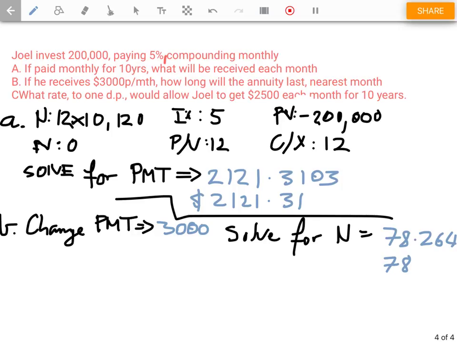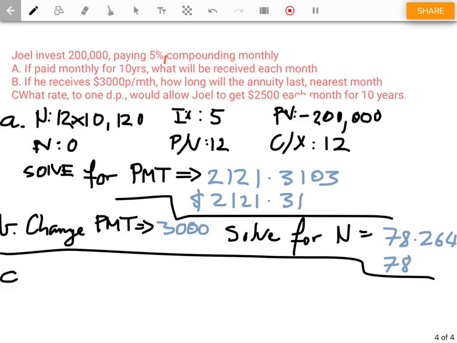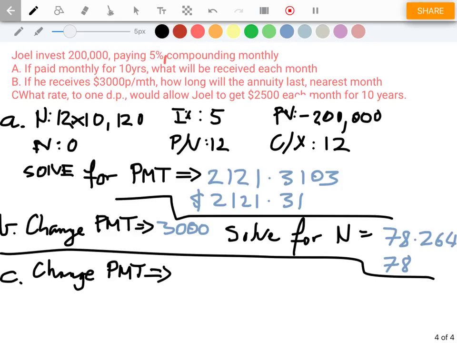All right. Part C, what rate to one decimal place would allow Joel to get $2,500 each month for 10 years? Okay. Part C. We want to change our payments to 2,500.